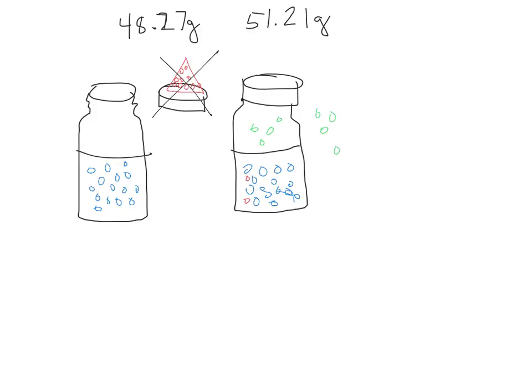Remember, the cap is 1.7 grams-ish, which means if the Alka-Seltzer is about 1.2 grams, then your mass is going to go up by almost 3 grams from before to after, because you didn't mass some of the stuff that's in the after that wasn't massed in the before.